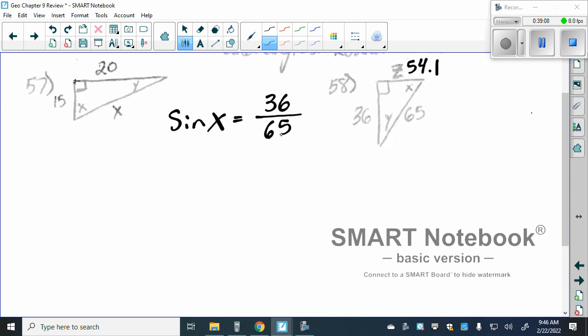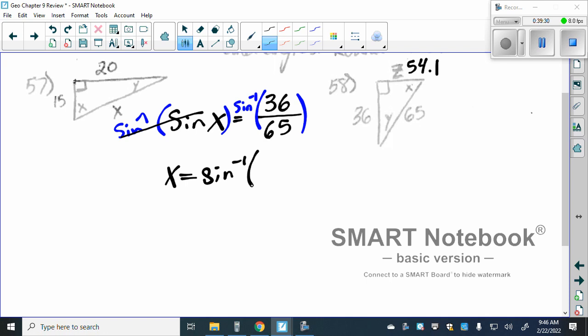I'm just picking the one that doesn't use the approximated number, so I get closer to the exact answer. Now we do the inverse to both sides, applying sine inverse. And here sine and sine will cancel, telling us x is equal to sine inverse of 36 over 65.